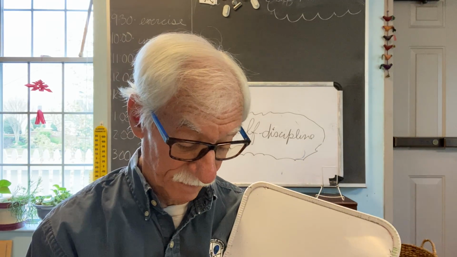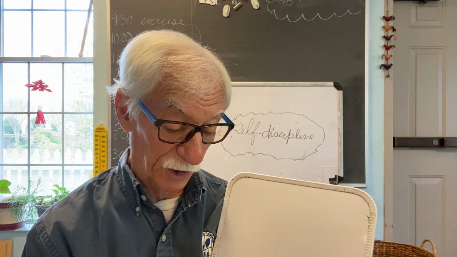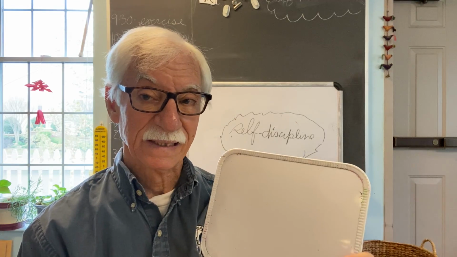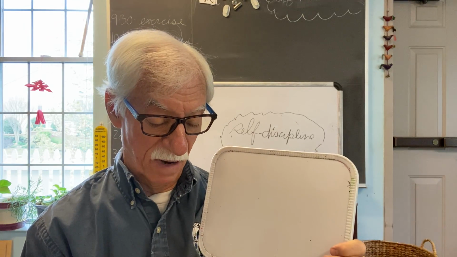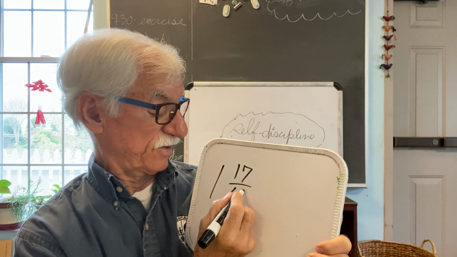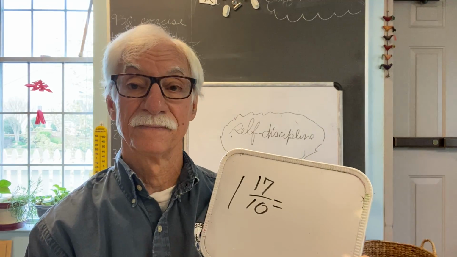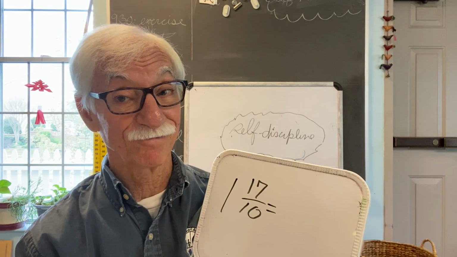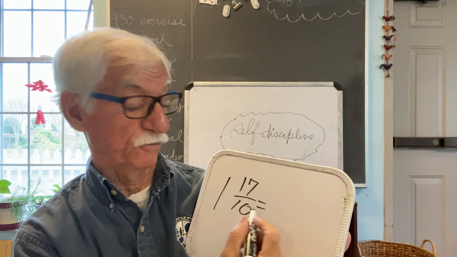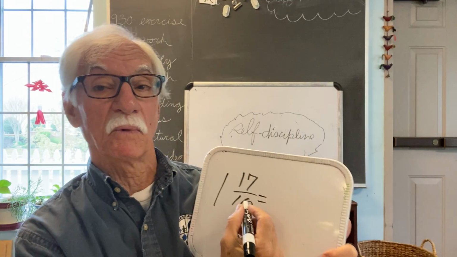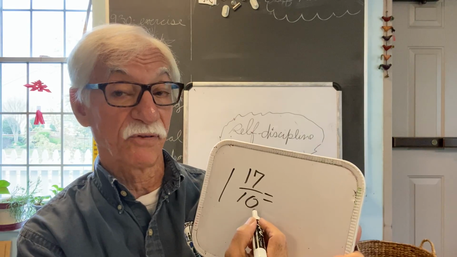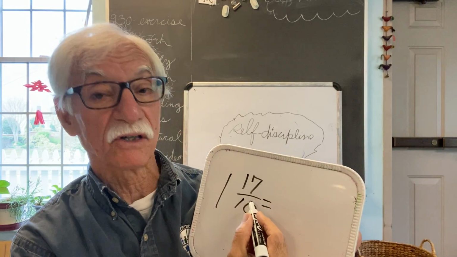Here's a tricky one. It's the only really tricky one, but I'll show it to you. And this will be particularly for you third-year guys who are advanced in your math understanding. 1 and 17/10. Can I write that as a decimal fraction? I can. Watch this. 1 and 17/10. Well, let's convert that. You remember, when we have an improper fraction with Mr. Smith and doing the number fractions, whenever we had an improper fraction, we had to look for the whole.